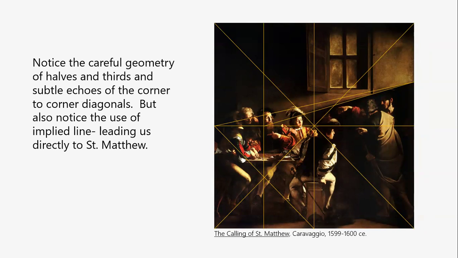All right, here's another painting where we can see how the geometry works. In the earlier lecture on value, I mentioned how this character here, that's Matthew, is the character that we are drawn to first, which I think is really interesting. I'm not entirely sure why Caravaggio did it. Maybe to a degree because he wants us to be a little bit surprised. Like we first think, oh, Jesus is calling this guy.